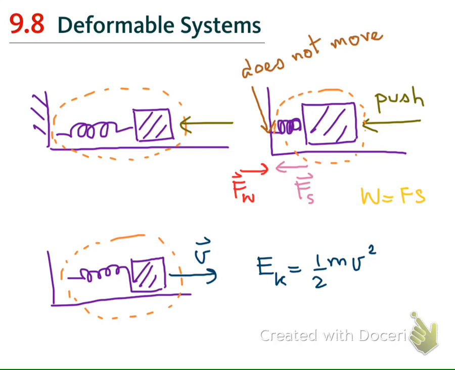In this case, that point does not move, so W is zero. If there is no work on the system, we cannot use the work-kinetic energy theorem to explain the energy gain in this problem.